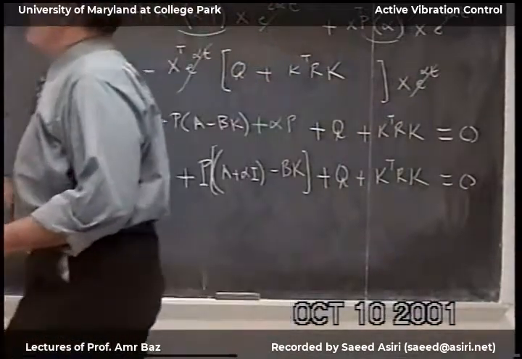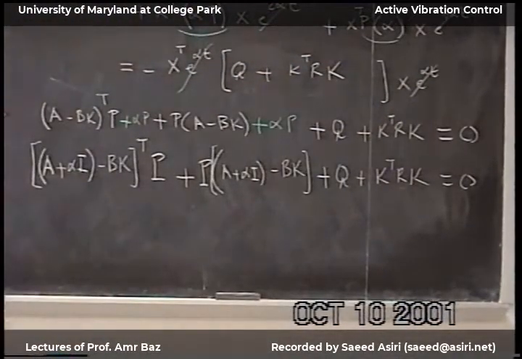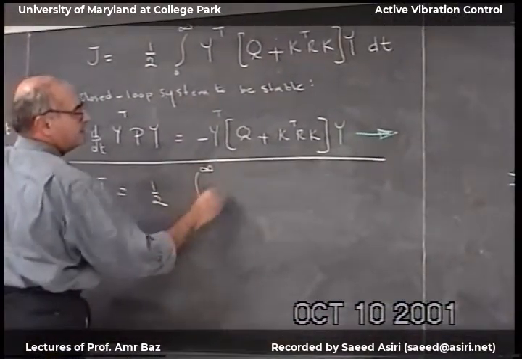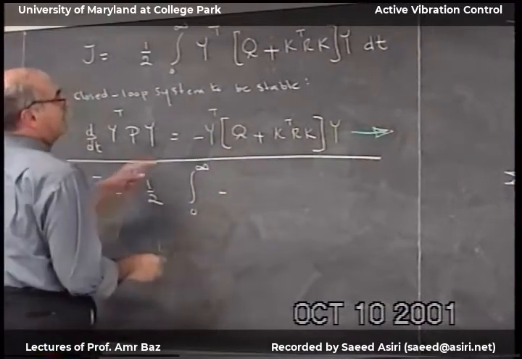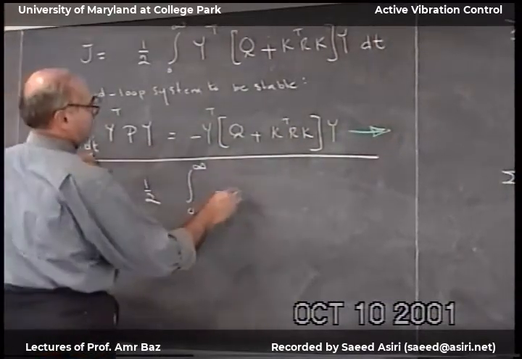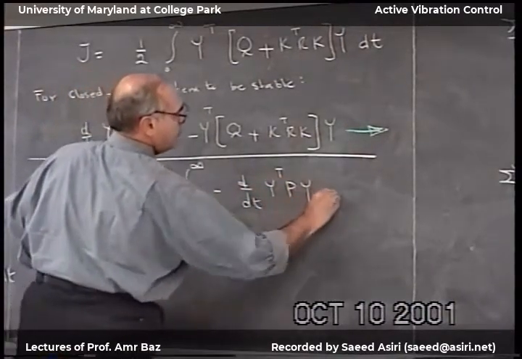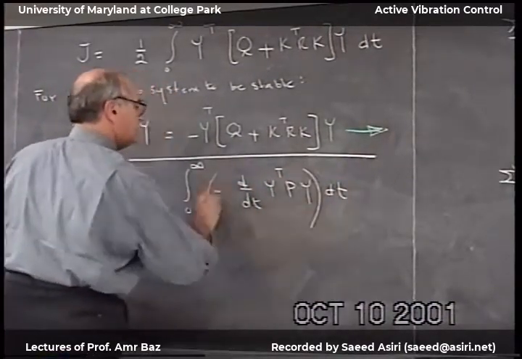Now, if we have this condition, then I can take this and plug it in J. When I plug this in J, then now J will be equal to 1/2 integral minus d by dt y dt.